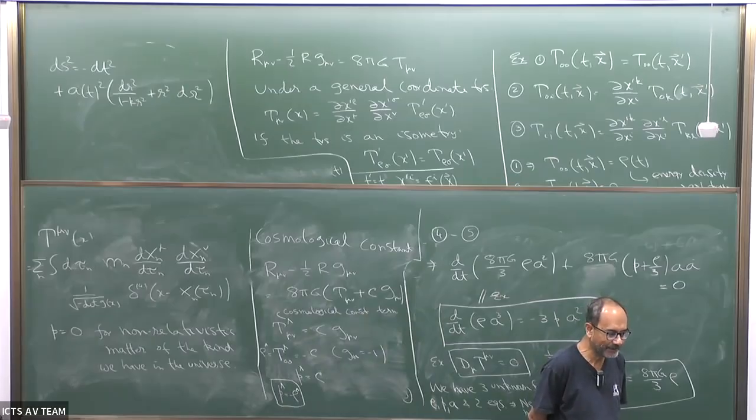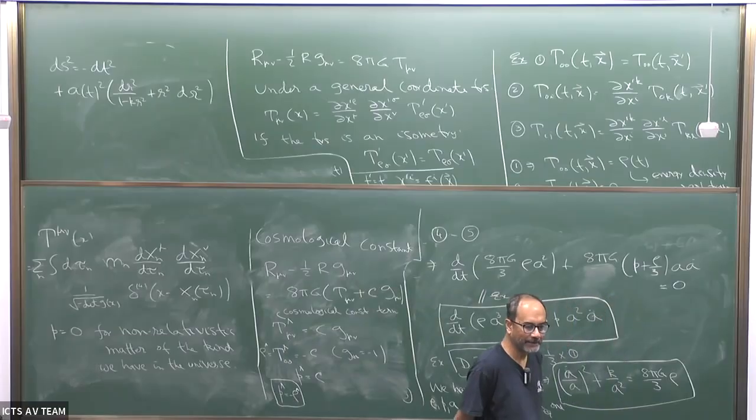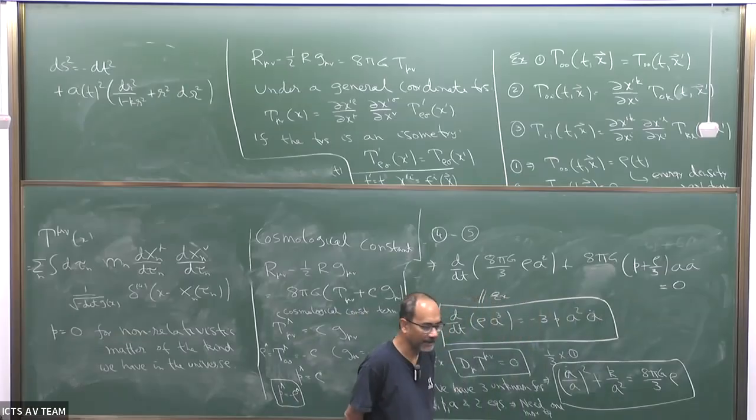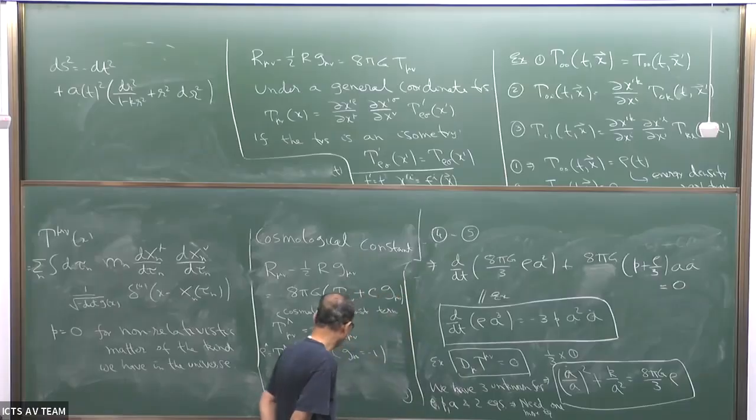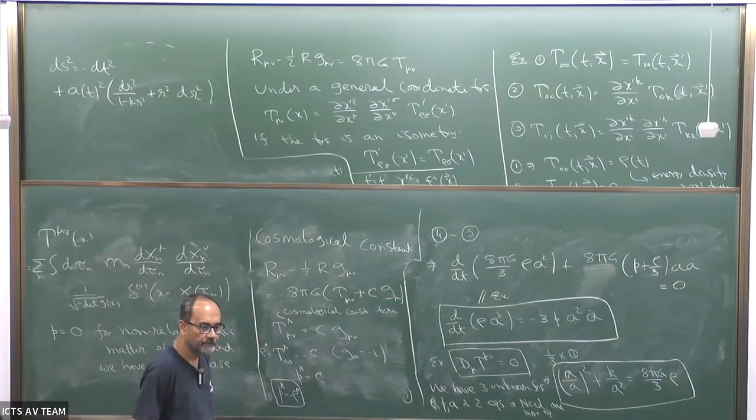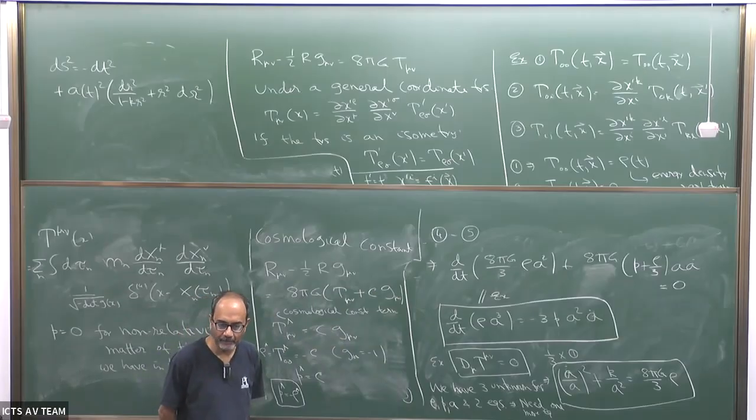Yeah, there is some relation: P equal to 1/3 of rho. So how will you use it? Yes, pressure is equal to 1/3 of the energy density, but how are you going to use it here? You know how, for example, the pressure of radiation is related to T mu nu?